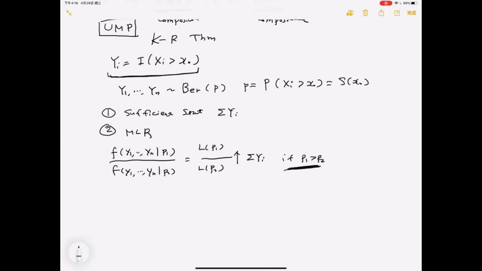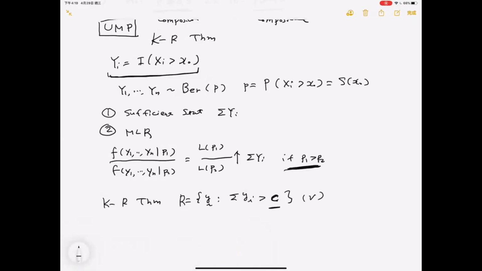Then using the Karlin-Rubin theorem, the rejection region of the UMP test is: your sufficient statistic, the summation of Yi, bigger than some cutoff c, a constant. So by the Karlin-Rubin theorem, we know this is my UMP test. Again, we haven't found c yet, but we will find c later on.